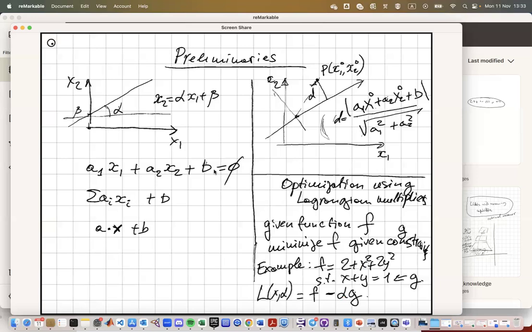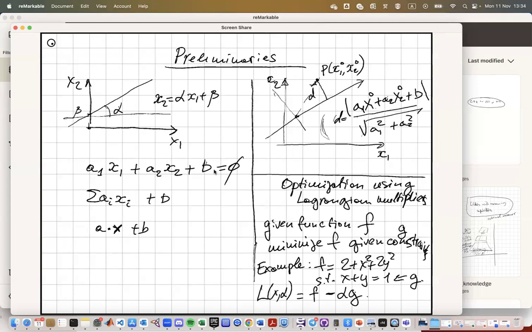And to solve the minimization problem, you make these partial derivatives equal to 0. Solving these equations, you compute the values for alpha, which minimizes this function. All right, so far so good.